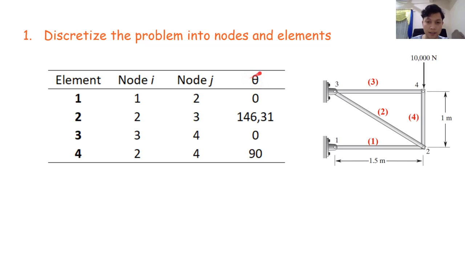Theta represents the angle of each beam. In element 1, the angle is 0 degrees, and for element 2, in this beam, it has an angle of 146 degrees, and so on.